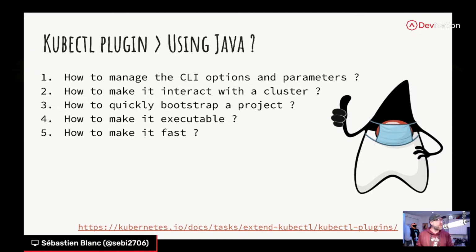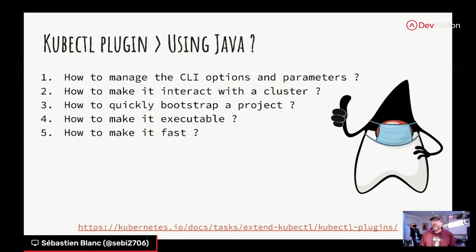That's the first challenge we have to face. Second challenge is, well, my Java program needs to interact with the cluster, with my Kubernetes cluster. So is there any good library available for that?